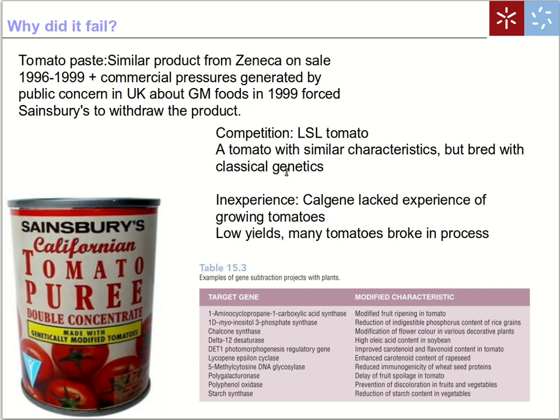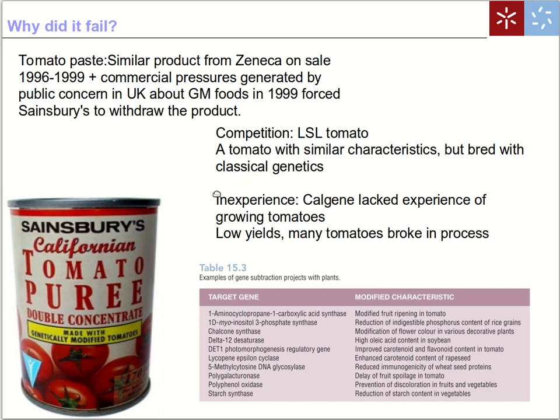Another problem was that Calgene, the company that developed the tomato, lacked experience in growing tomatoes, so these tomatoes were more durable than normal ripe tomatoes, but not as durable as green tomatoes. So lots of tomatoes were lost initially in the process until they got that right. So all of this made it economically inviable to market these tomatoes.